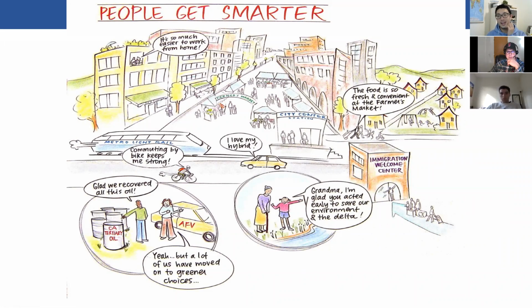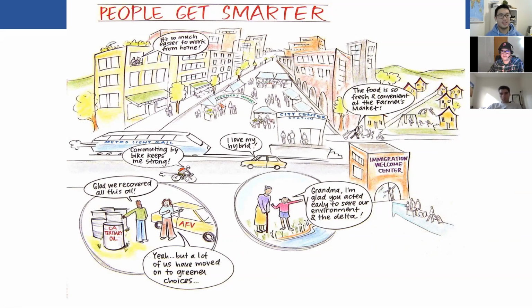And so in this case, you might think of a really optimistic scenario where a lot of the parameters are based off of this perception that people get smarter about things like climate change and energy efficiency, right?